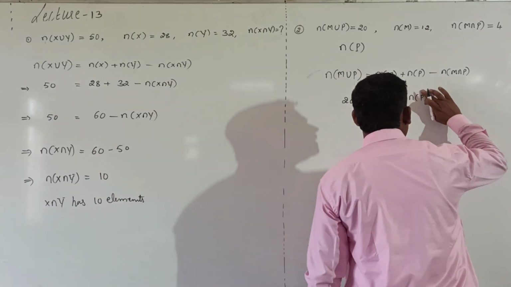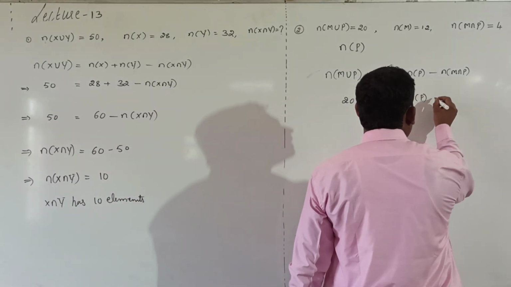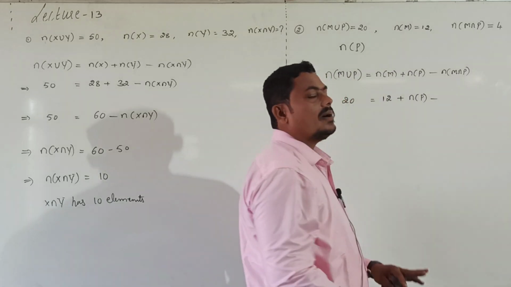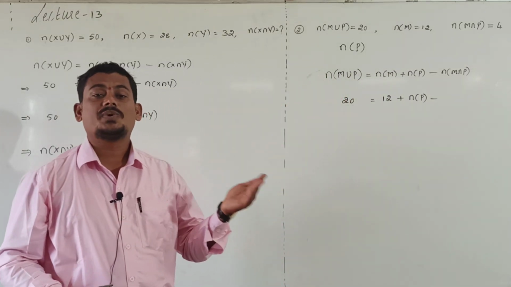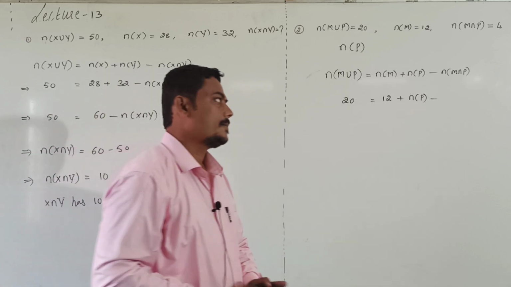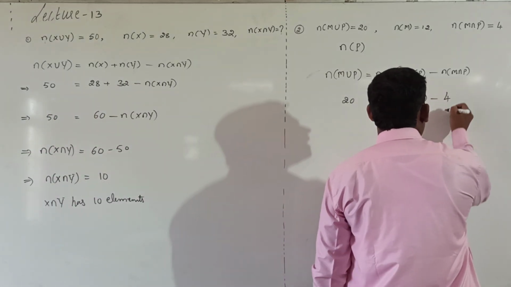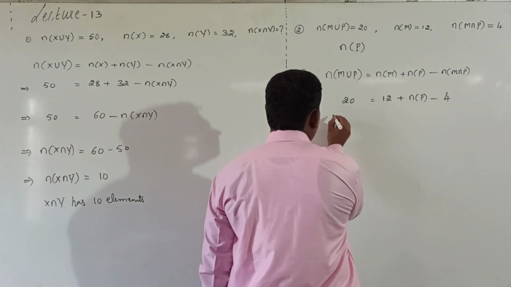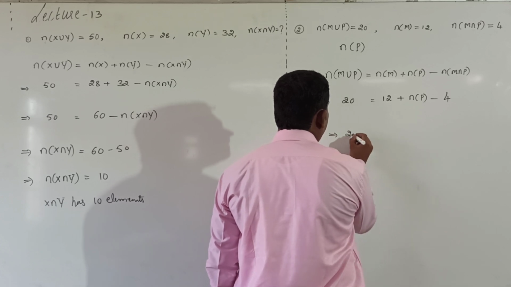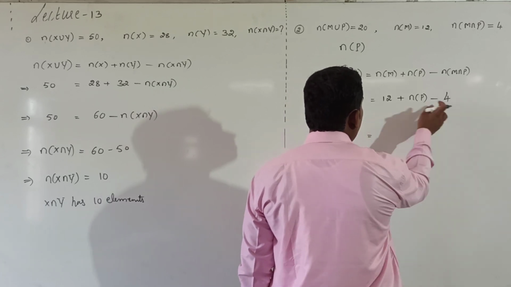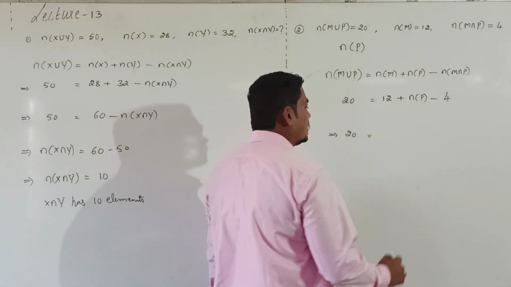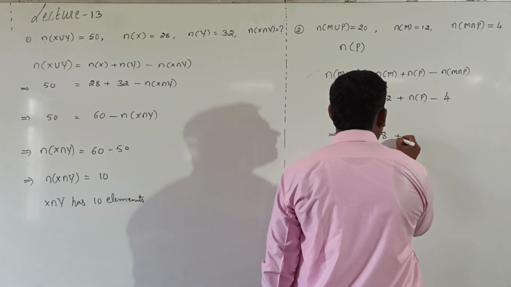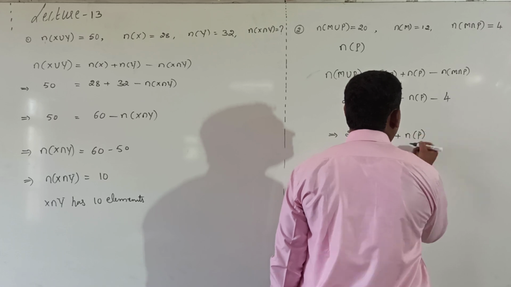Minus the number of teachers who teach both physics and mathematics, which they have given, that is 4. After that, just rearrangement. 20 is equal to 12 minus 4, that is 8, plus n(P).